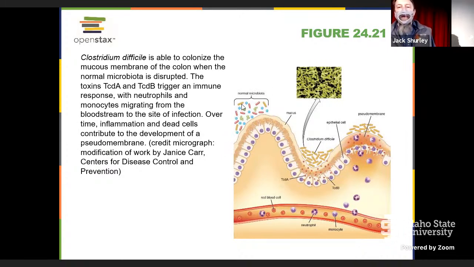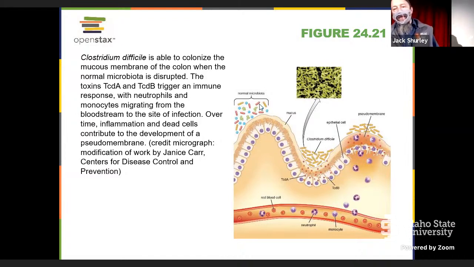That's kind of what we're looking at here. The normal flora, and then for whatever reason, often antimicrobial therapy, it sets the stage for these guys. And it can be other circumstances where your good guys, their proportions are just a little bit out of sorts, if you will. So it's good to have a large variety of cells that make up your normal flora and not just a few of the same.